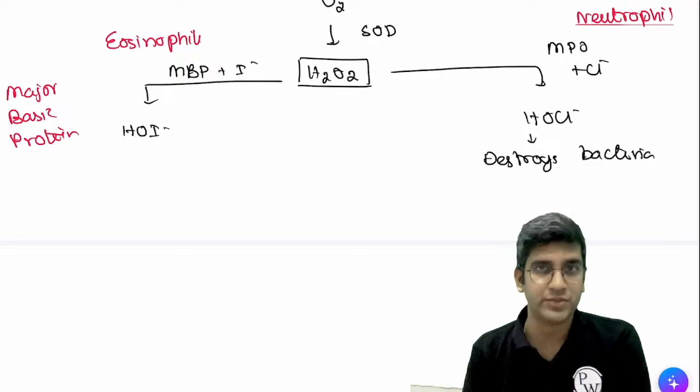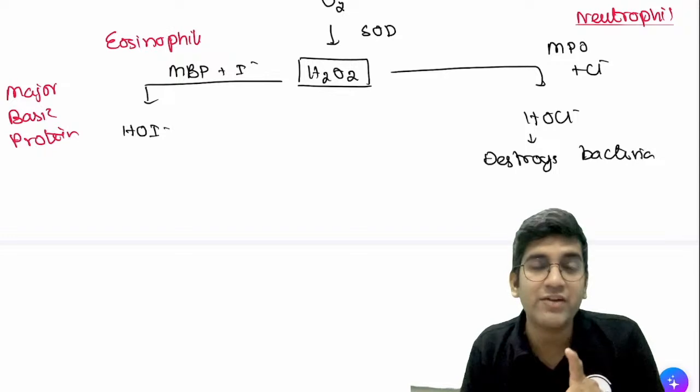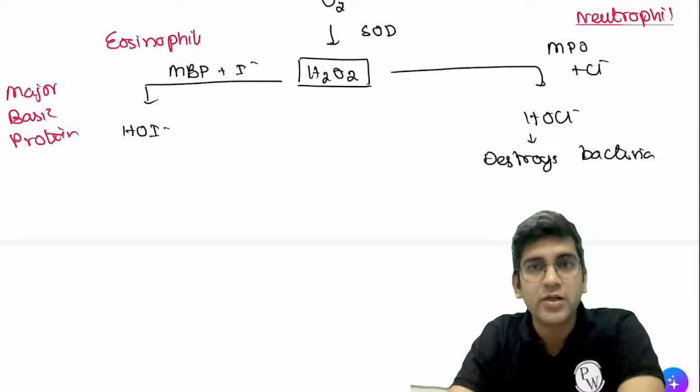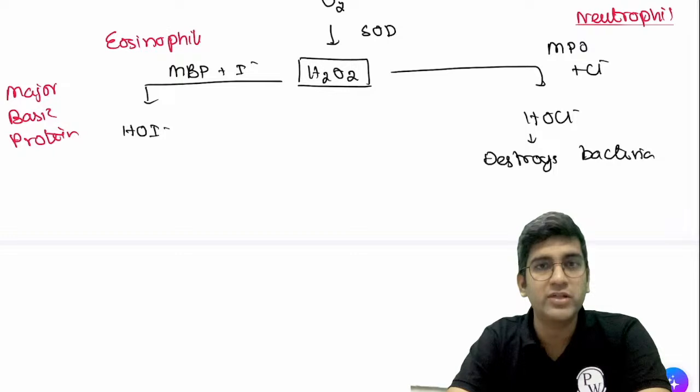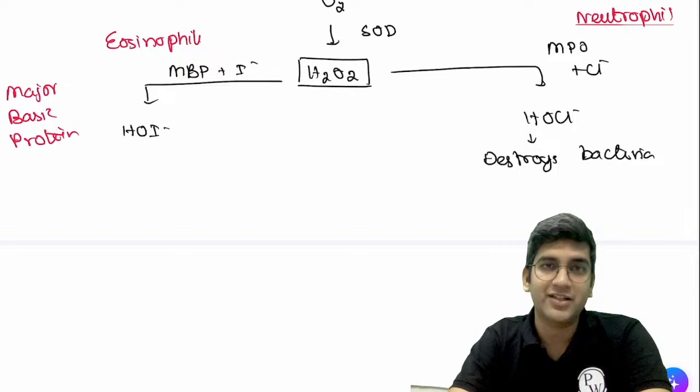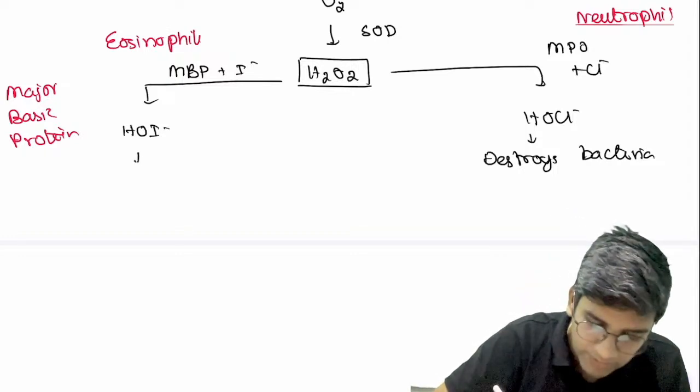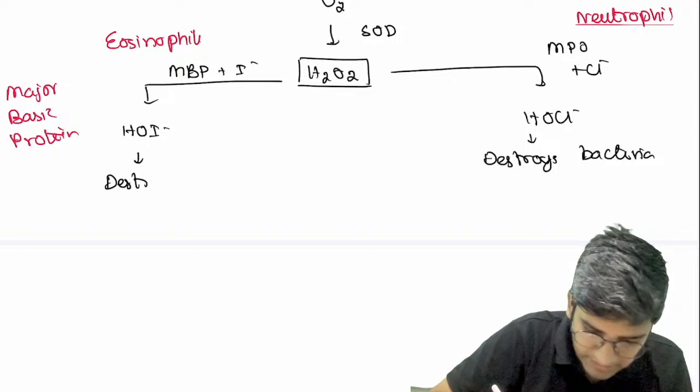I increase the production. And now tell me, whenever you have a parasitic infection, which WBC will elevate? Neutrophils or eosinophils or basophils or lymphocyte or monocyte? Definitely, perfect. Eosinophils, right? Because this HOI is the one which is going to destroy parasites.